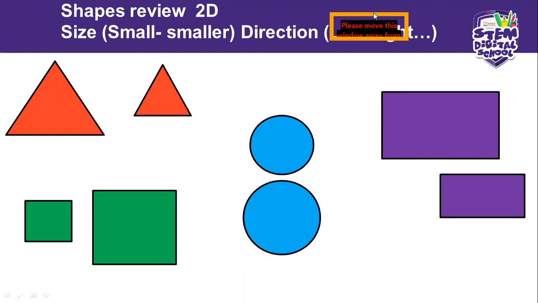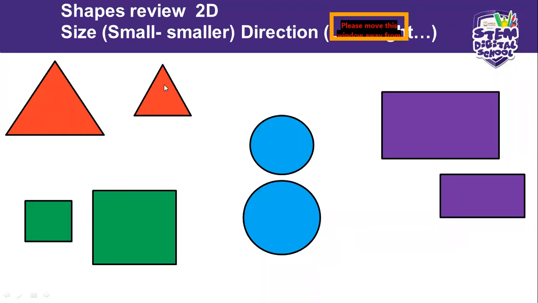Type it in for me there. Okay, where is the triangle? How would you describe the position of this triangle? Is it to the right or is it to the left? Anyone for me there? Is it on the right or is it on the left?